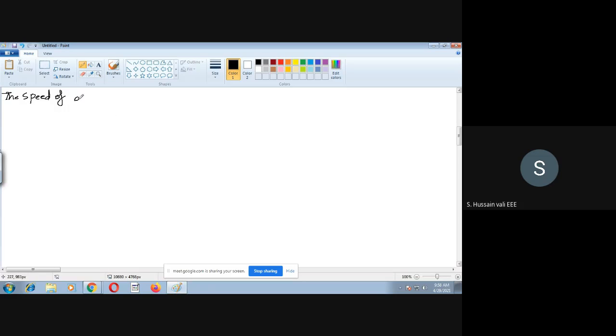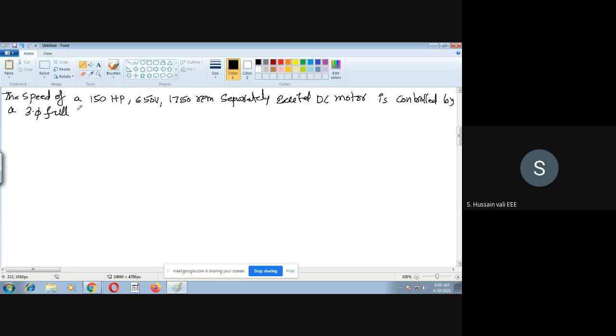The speed of a 150 HP, 650 volt, 1750 RPM separately excited DC motor is controlled by a three phase full converter.